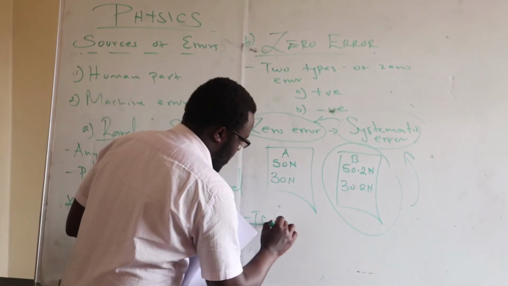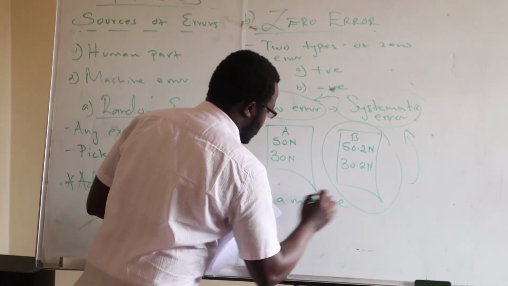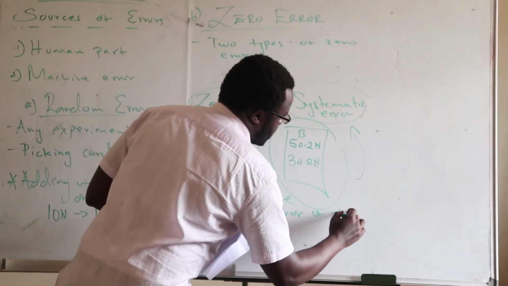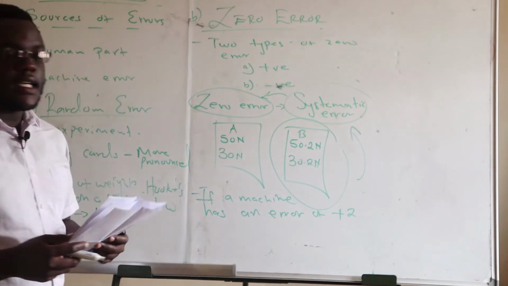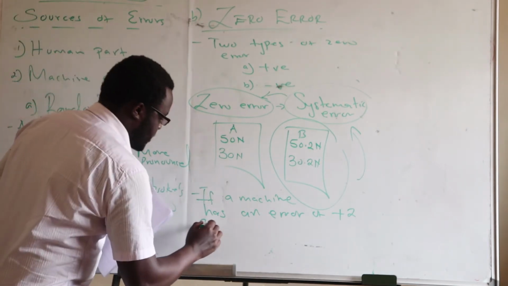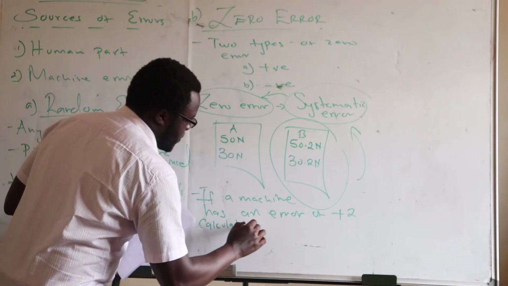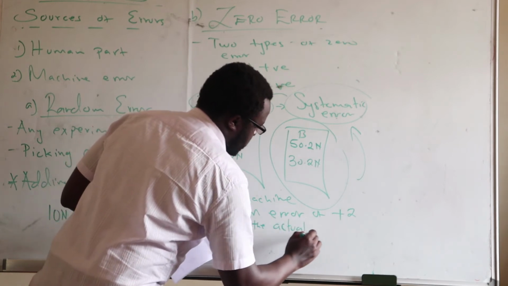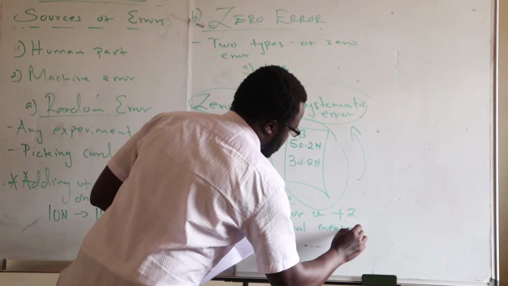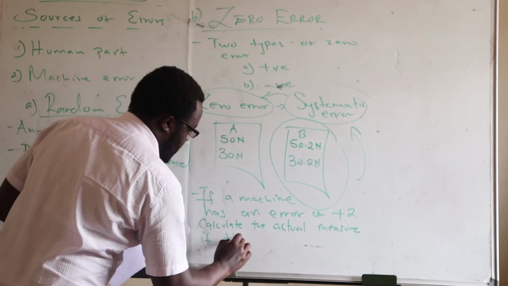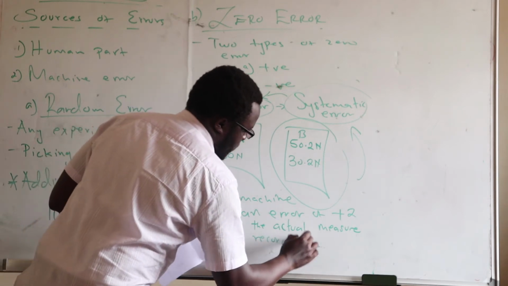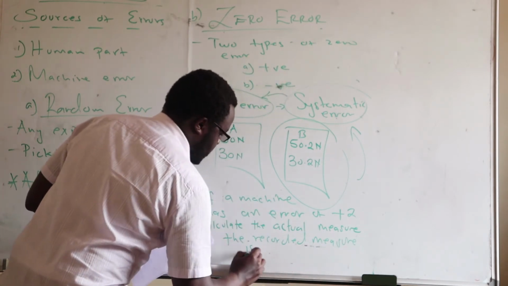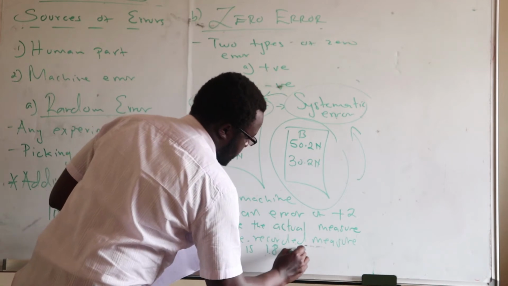If a machine has an error of positive 2, calculate the actual measure if the recorded measure is 18 units.